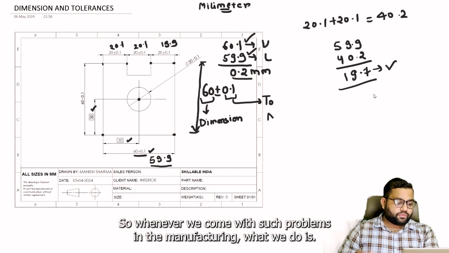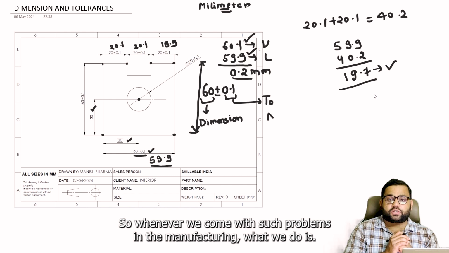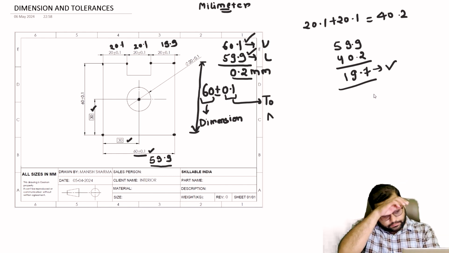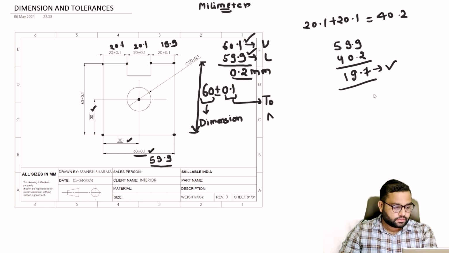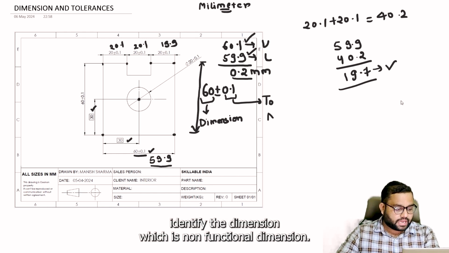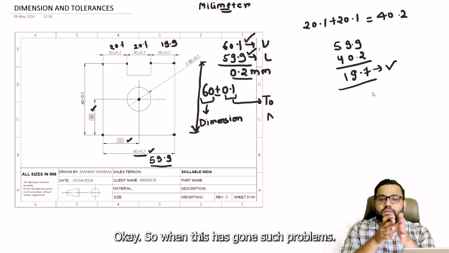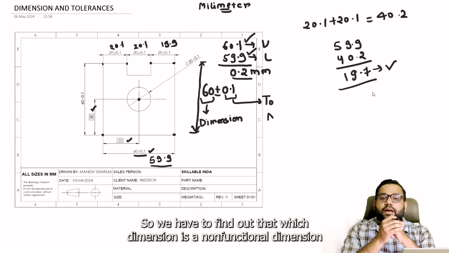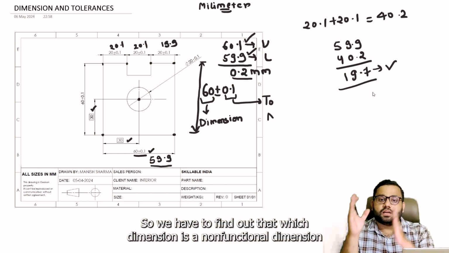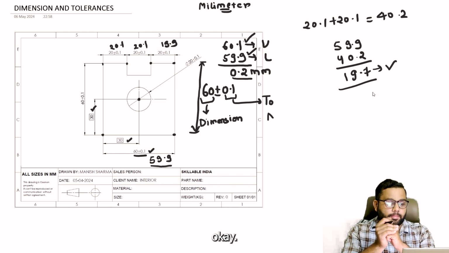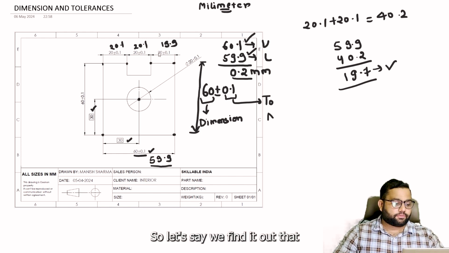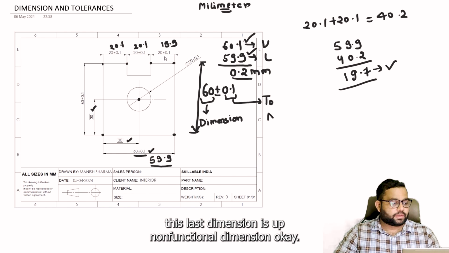Whenever we come across such problems in manufacturing, we have to identify the dimension which is a non-functional dimension. Let's say we find that this last dimension is a non-functional dimension.